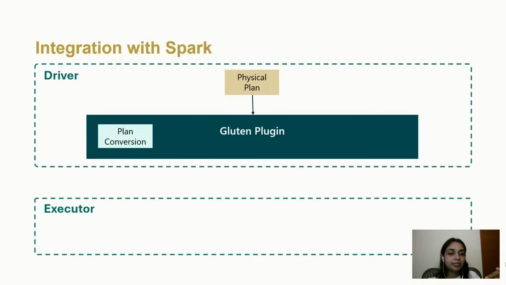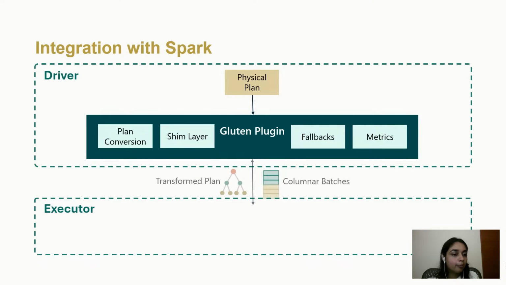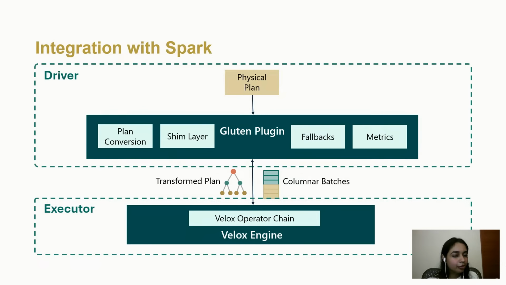Once you have the physical plan, Gluten takes in this physical plan, it runs a bunch of transformation rules on it, to convert it into a plan that Velox can understand. Gluten also has a shim layer. This allows us to support and develop multiple versions of Spark at the same time. At present, we do support runtime 1.2 and 1.3, although as Estera mentioned, 1.3 is our preferred runtime.